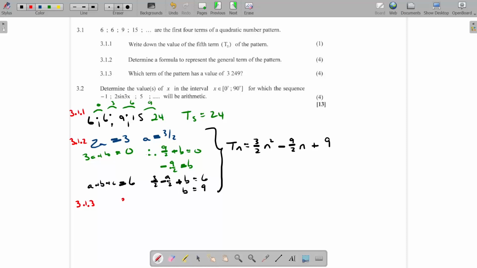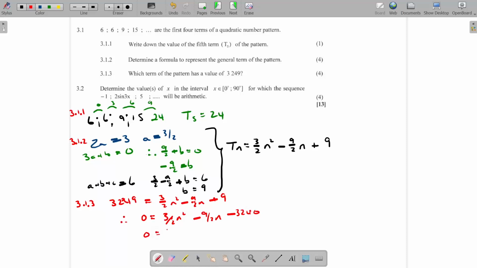So we know that 3,249 equals 3 over 2n squared minus 9 over 2n plus 9. Therefore, 0 equals 3 over 2n squared minus 9 over 2n minus 3,240.